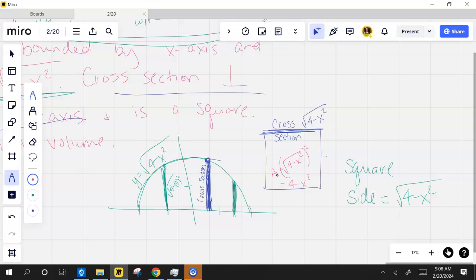Because that's the area of a square. If it's a rectangle, they'll give you the height.